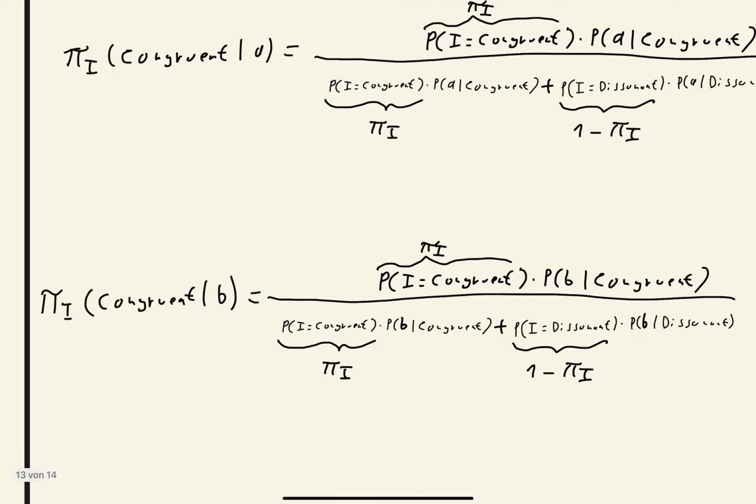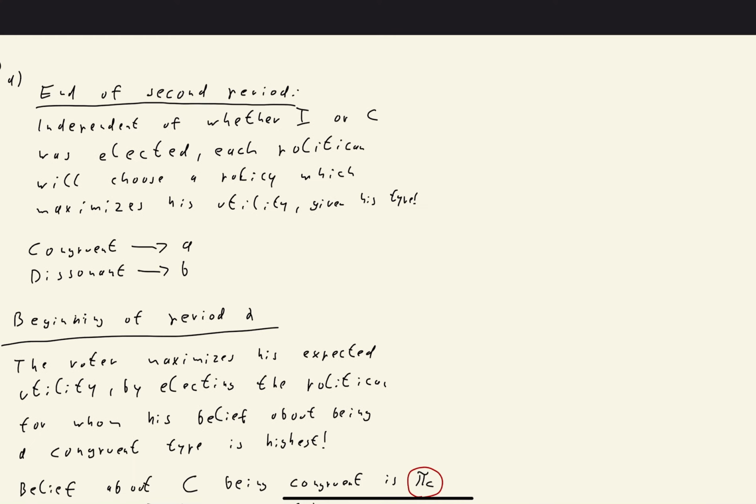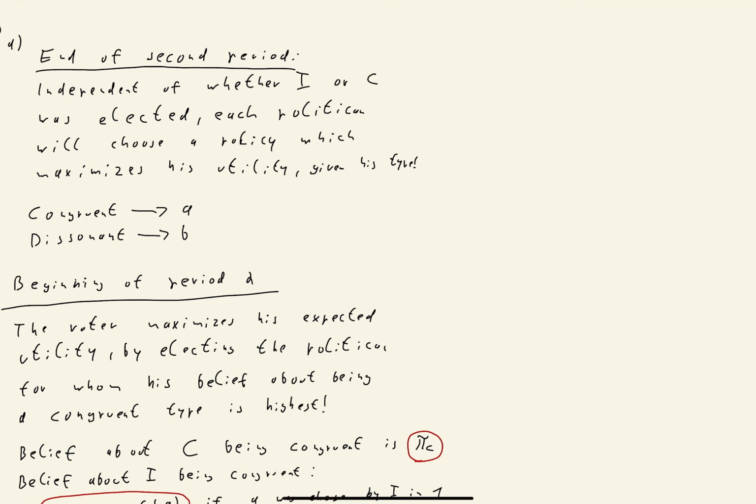The first behavior that we have is that at the end of the second period, independent of whether the incumbent or the challenger was elected, they will choose according to the type. So we need to verify that this is optimal.